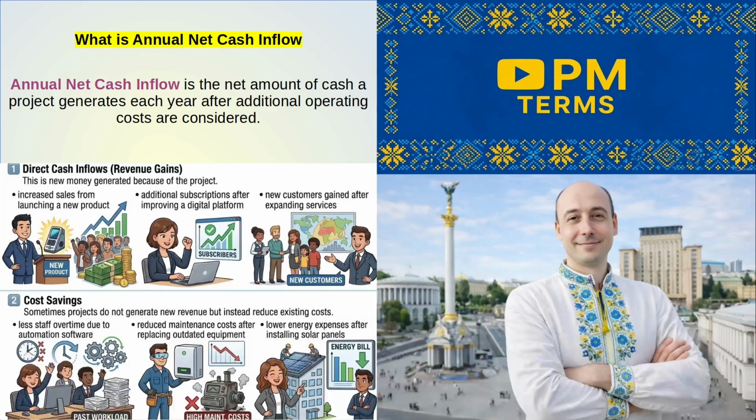What is annual net cash inflow? Annual net cash inflow is the net amount of cash a project generates each year after additional operating costs are considered. These inflows usually appear in two main forms.